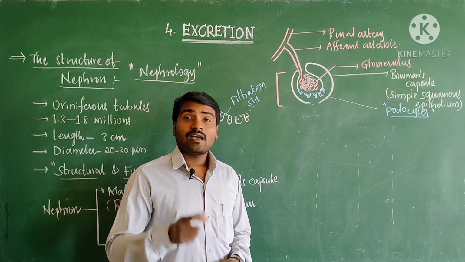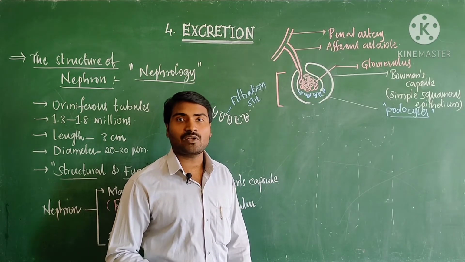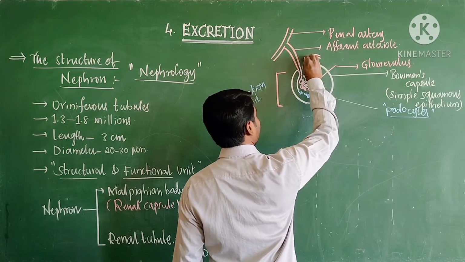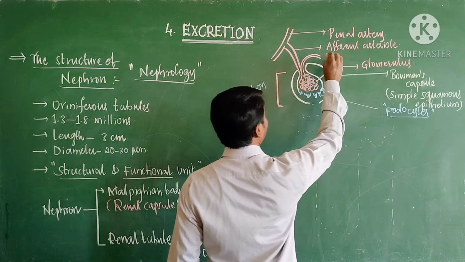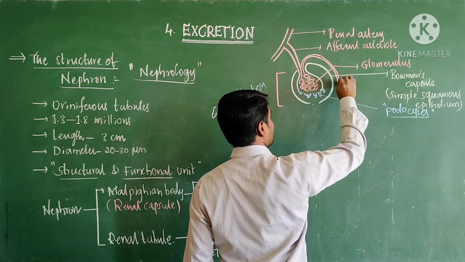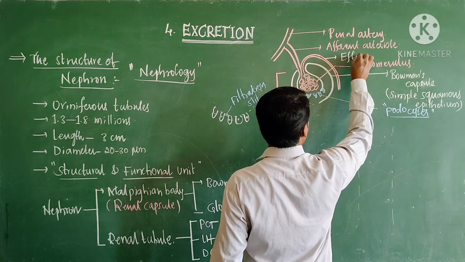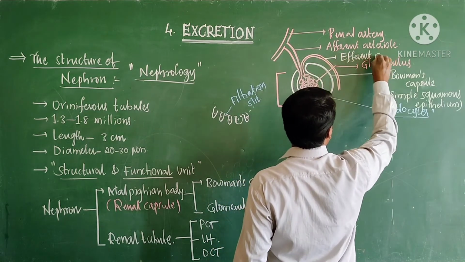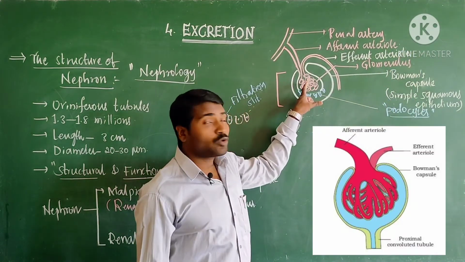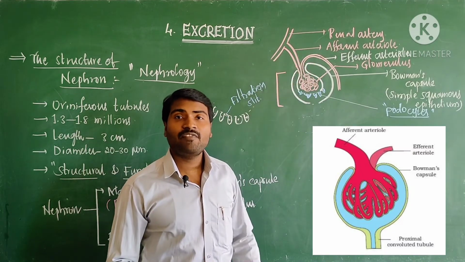Now this glomerulus gives rise to one more arteriole that is called efferent arteriole. So this glomerulus gives rise to a branch of arteriole that is called efferent arteriole.